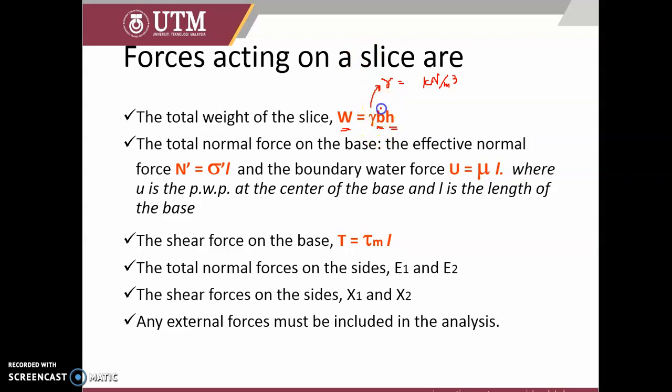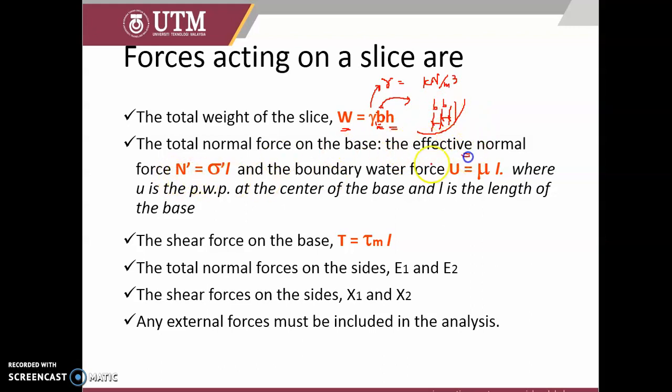Usually for easiness, we sometimes divide the slices of the failure plane into similar widths so we can have a consistent width. But it's not limited to similar ones. We can still have different sizes of width.